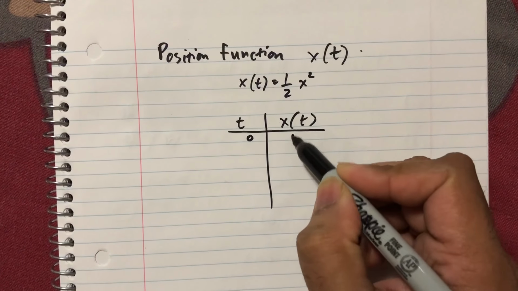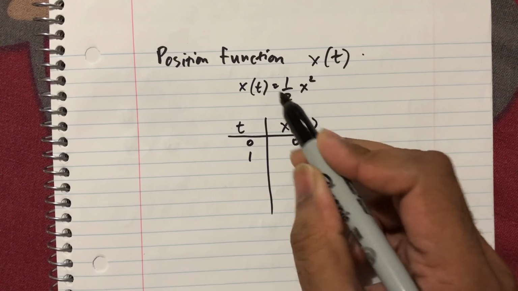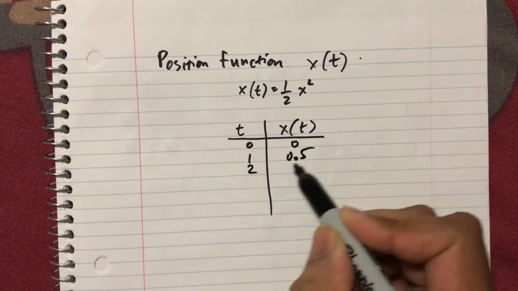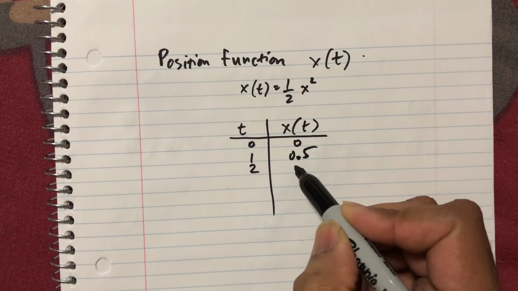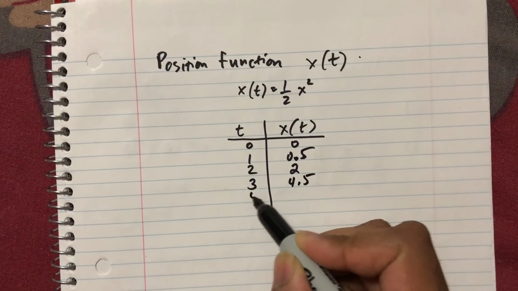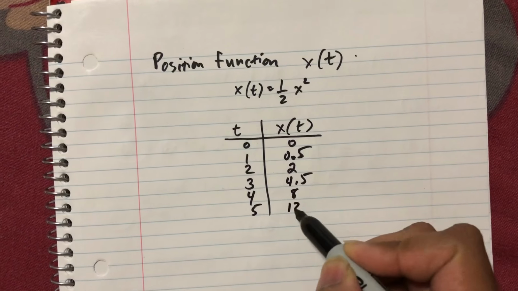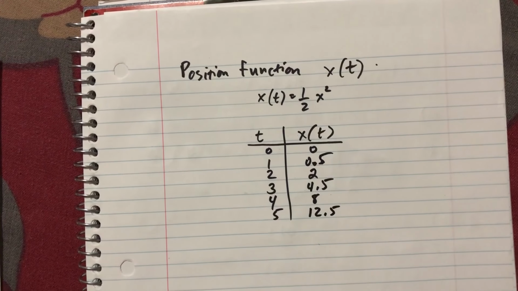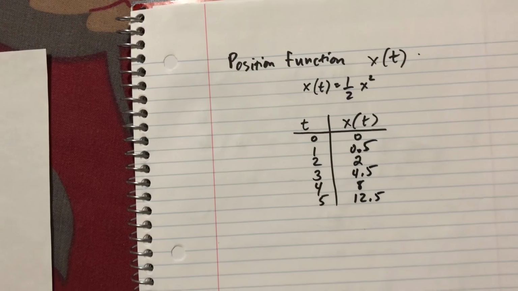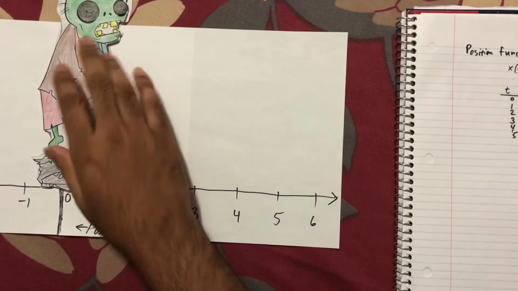With a 0, you substitute, you get a 0. 1, you substitute, you get a 0.5. 2, you substitute, you get 2. 3, you substitute. 4, you substitute. 5, you substitute.